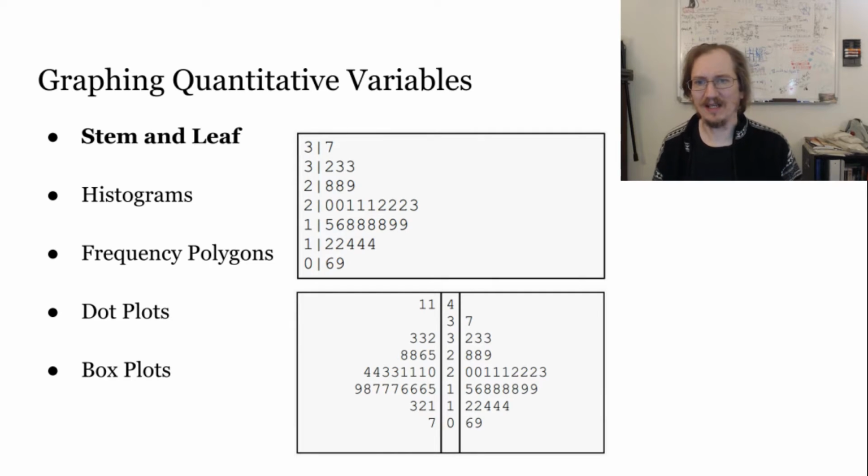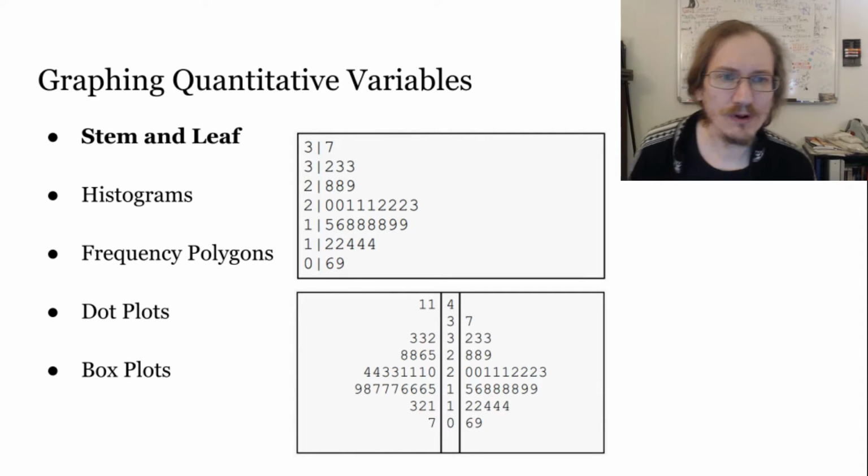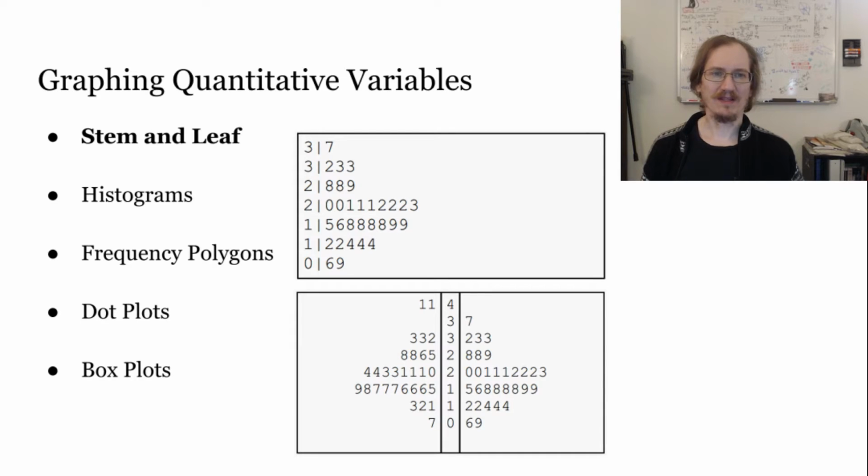Then they follow this with the rest of the single digits, and each digit to the right of the bar is a different data item. The way you recreate that data item is you combine it with what's in front of the bar.